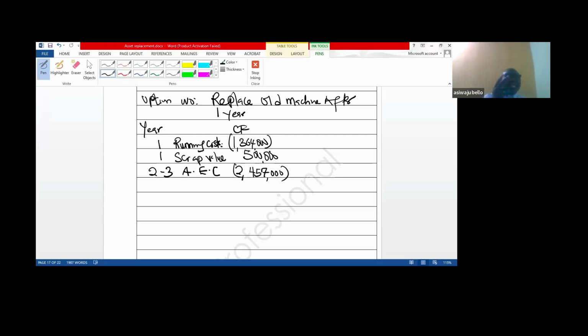That means year 2 and year 3 is for our annual equivalent cost. Now come here, introduce your discount factor at 10%. For year 1, this is 0.909. Year 1 scrap value, 0.909.